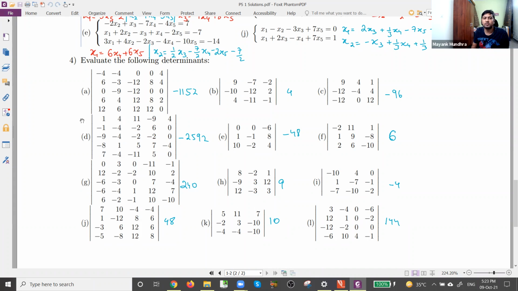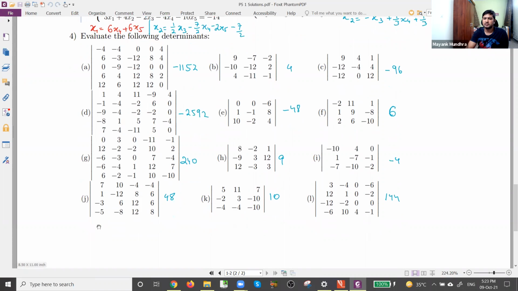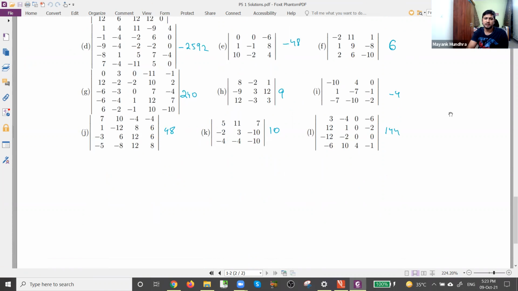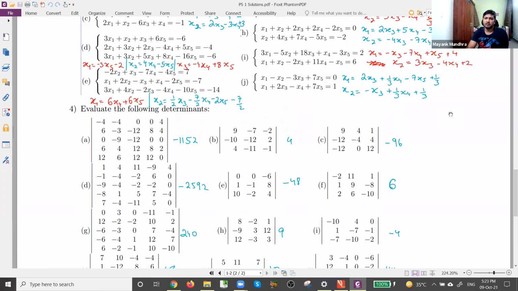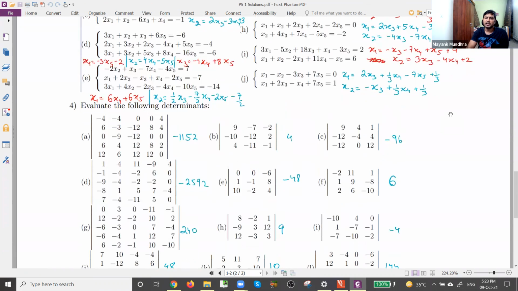Have you done these problems, determinant problems? No, sir, I haven't. Okay, fine. Now that we have discussed determinants in much more detail, why don't you guys have a second go at it? Try to use properties.